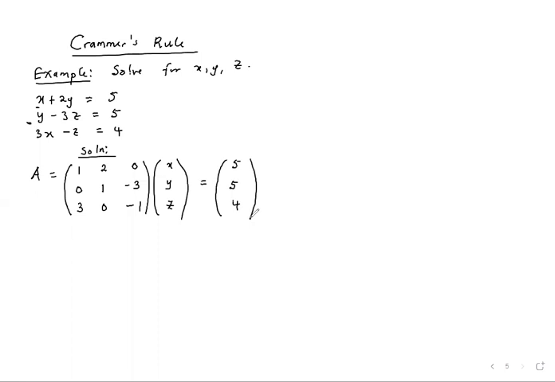So under Cramer's rule, you get the determinant of the matrix. We're getting the coefficients of x to form the first column, coefficient of y to form the second column, coefficient of z to form the third column.